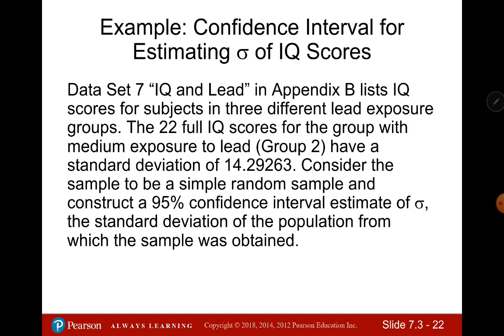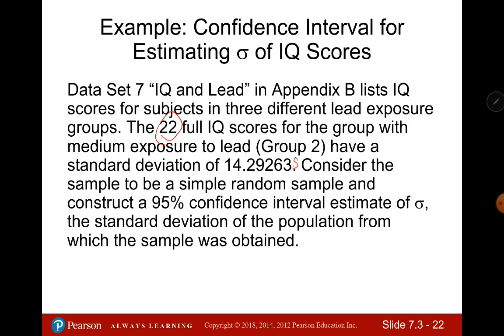Let's check an example to tell you how to construct the confidence interval. It's the same example, IQ scores. We still have 22 scores, so the sample size is 22. Of course, we have a standard deviation, that's s.